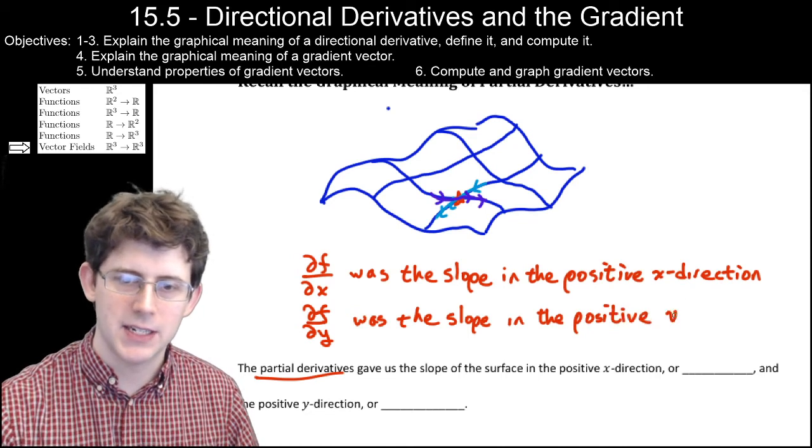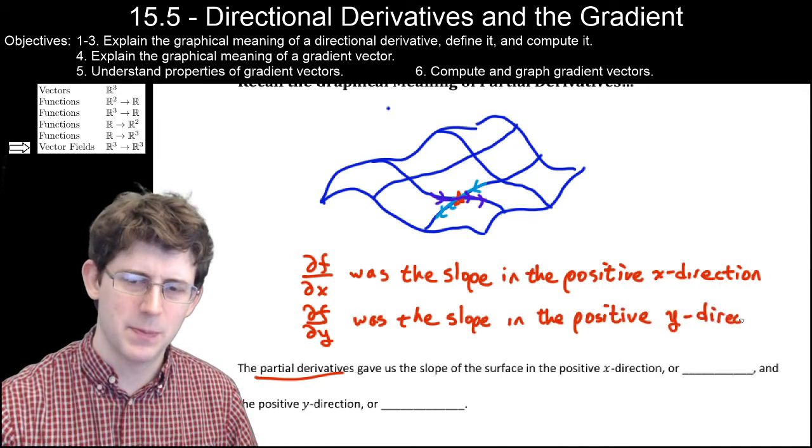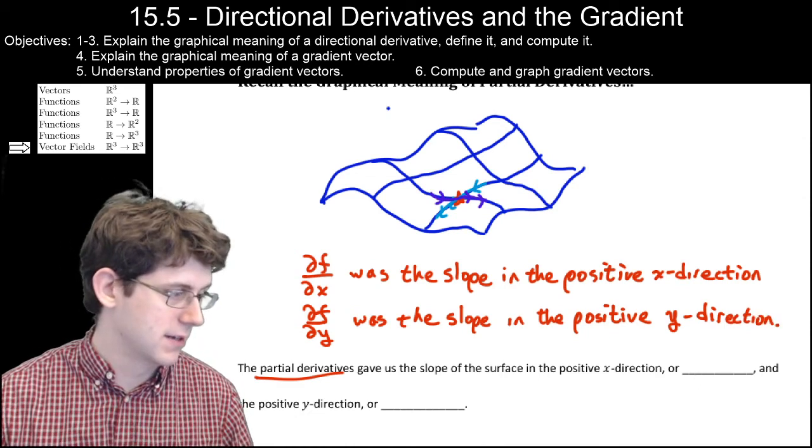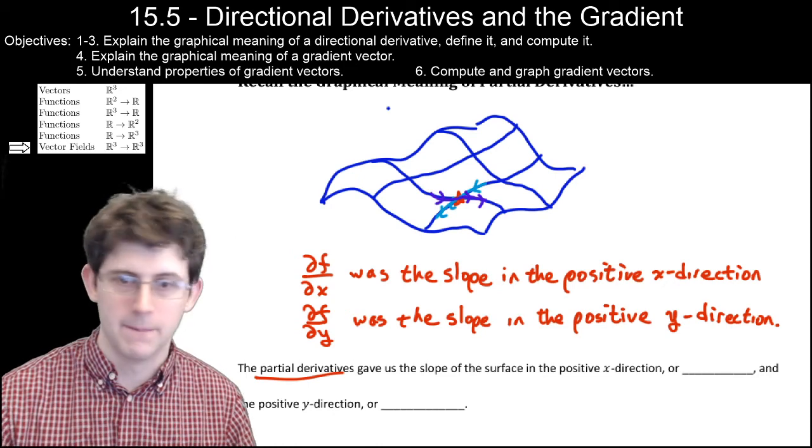Let me look back at my notes here because I think I want to put the vector in here. Let me just make sure.